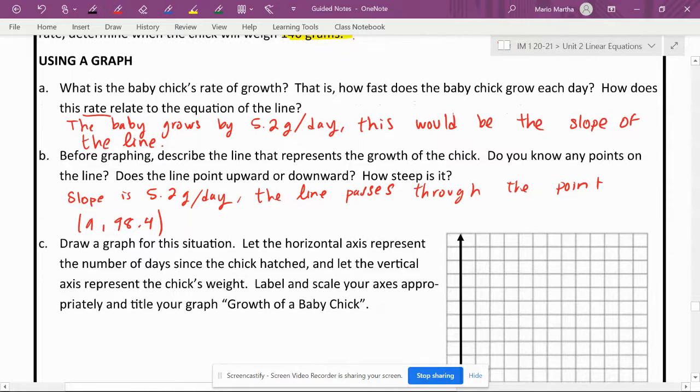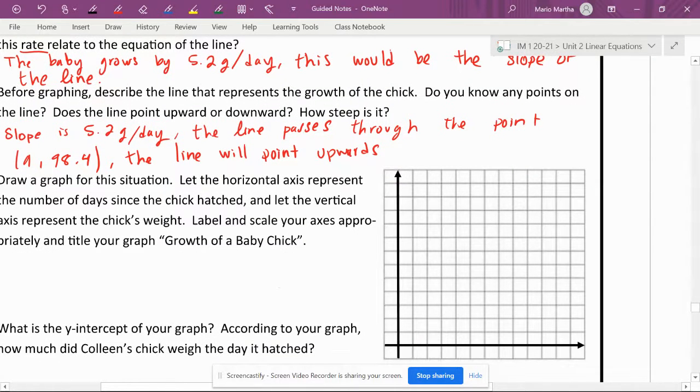And then this will point upwards or downwards. In this case, this is going to point upwards, because it is increasing. So the line will point upwards. And it should be pretty steep. For 5.2 per day is quite a big number, so we can say it should be steep.